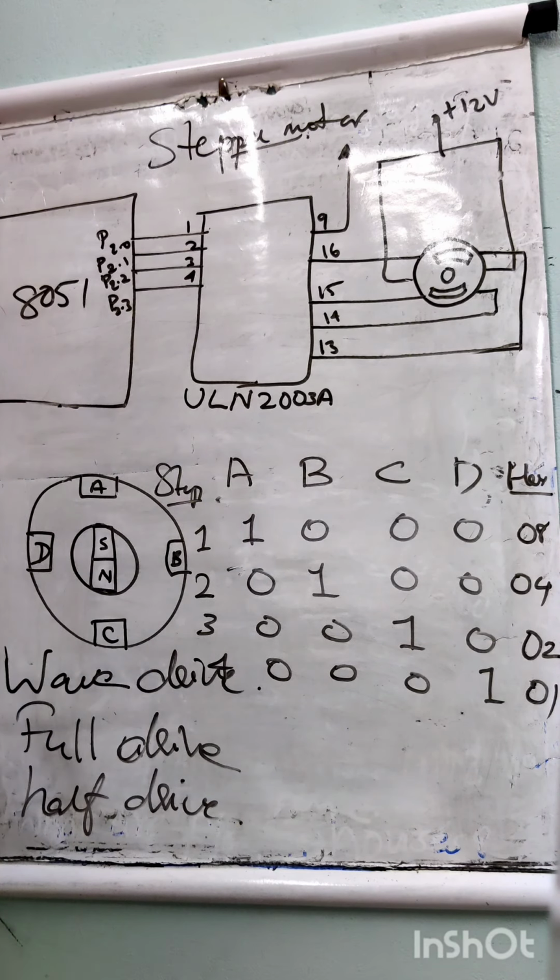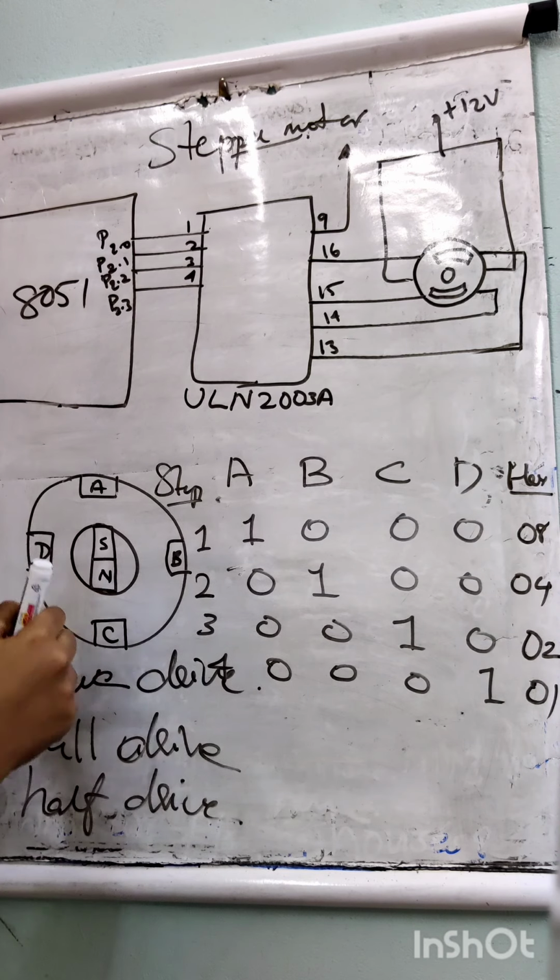What we have talked about so far is wave drive. In full drive, what happens? 2 coils are energized at a time. Logic 1 is given to 2 coils at the same time. This results in higher torque, but the power consumption also increases and the precision of the stepper motor increases twice.